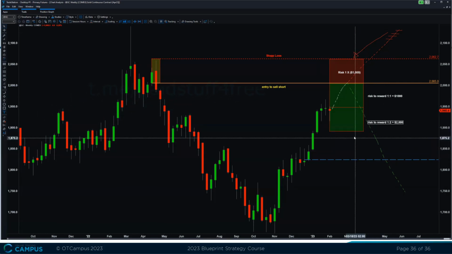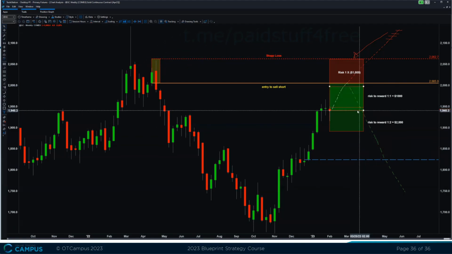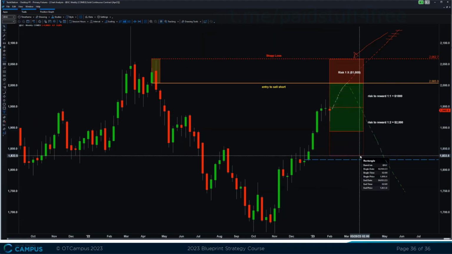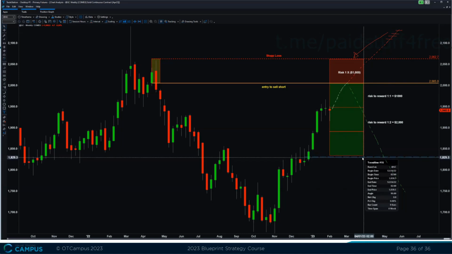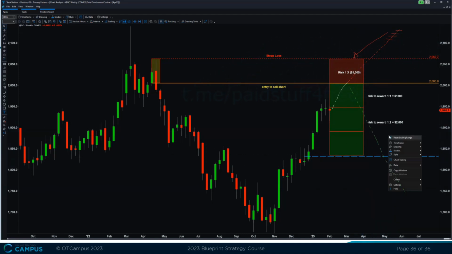And if price reaches our predefined target, then you're making a risk to reward of 1-to-3, which in US dollar monetary amount would be $3,000, right?